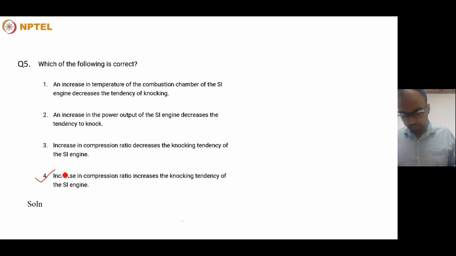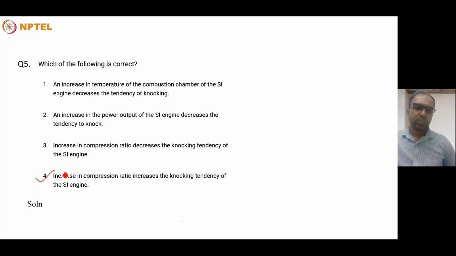What happens is that the pressure and the temperature at the end of compression increase with the increase in compression ratio. Thus the maximum pressure during combustion increases, and there is a chance of pre-ignition for the far away air-fuel mixture, which is at a distance from the incoming flame.